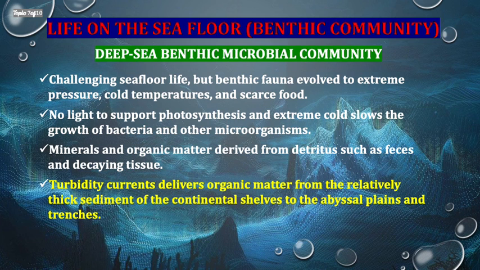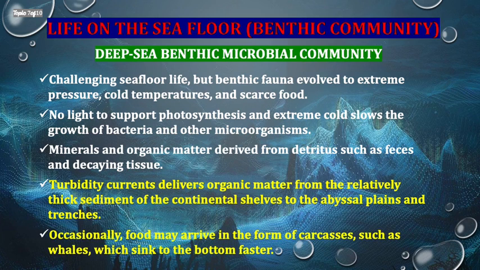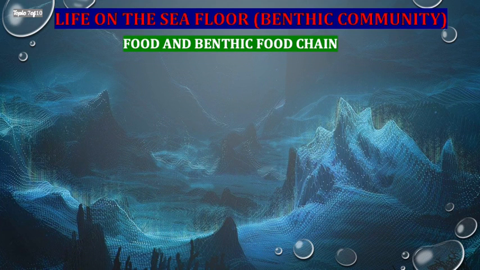The benthic communities in the mesopelagic zones as well as in the deeper regions, the abyssal and the hadal zones, receive organic matter from turbidity currents that deliver rich organic matter. Occasionally, food may arrive in the benthic community in the form of the carcasses of whales, for example, and other large marine organisms like sharks, which sink all the way to the bottom of the ocean.